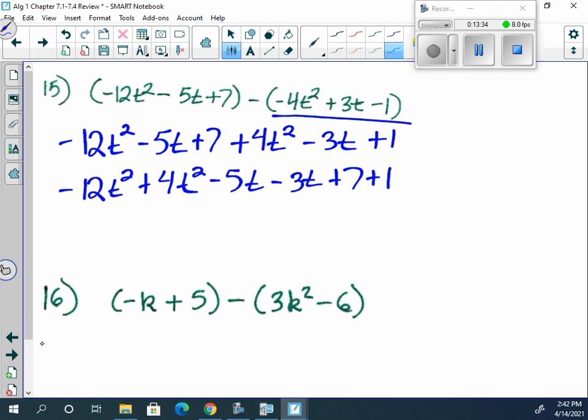Well, negative 12 plus 4 would give us negative 8t squared, almost. Because negative 5 minus 3 would give us negative 8, plus 8. 7 plus 1.